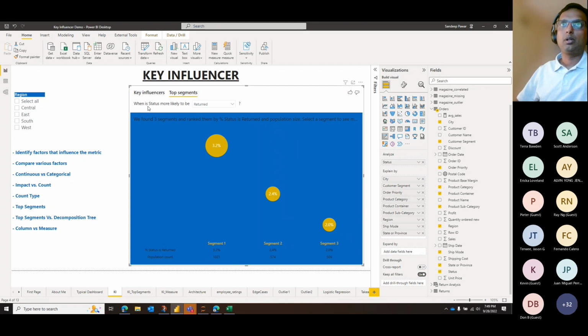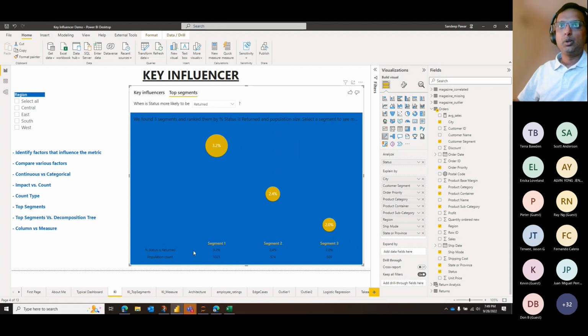Even at the top here, when the status is more likely to be returned, we have this as returned. You will see a number of different bubbles coming up here. And then at the bottom, it shows you the segment. So this is segment number 1, this is segment number 2, and this is segment number 3.